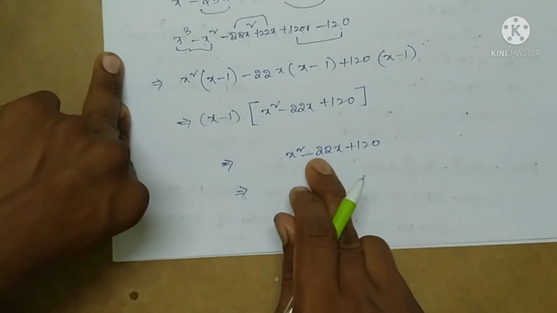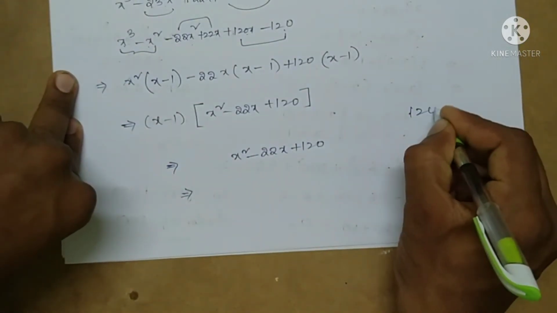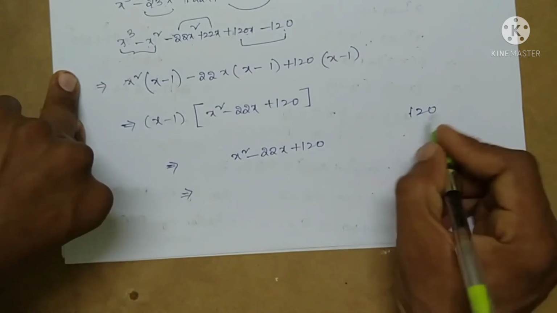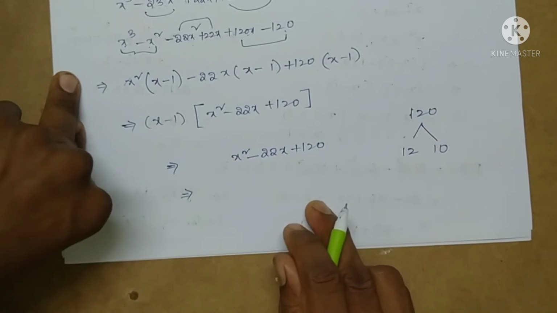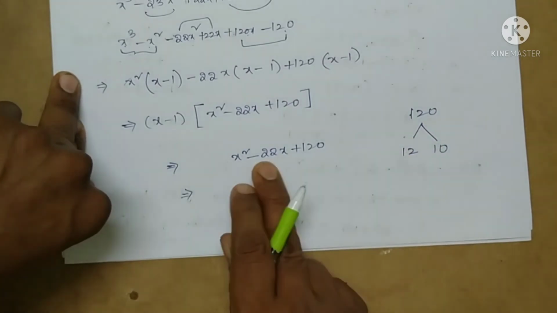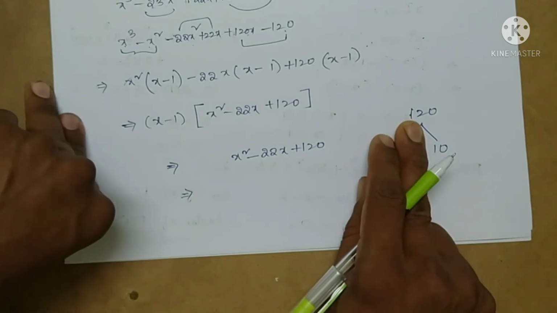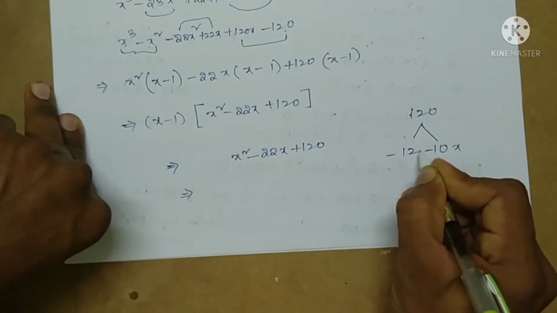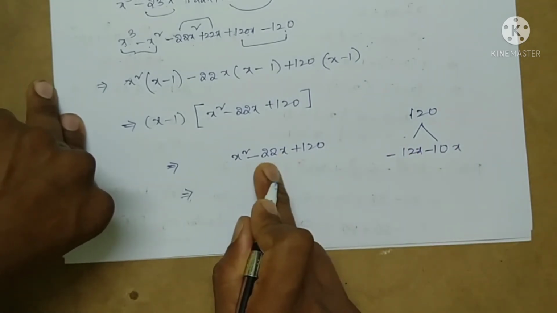for 22x and 120: 120 into the x square coefficient 1 is equal to 120. The factors are 12 and 10, so 12 plus 10 is equal to 22, and 12 into 10 is equal to 120. So minus 12x minus 10x is equal to minus 22x.